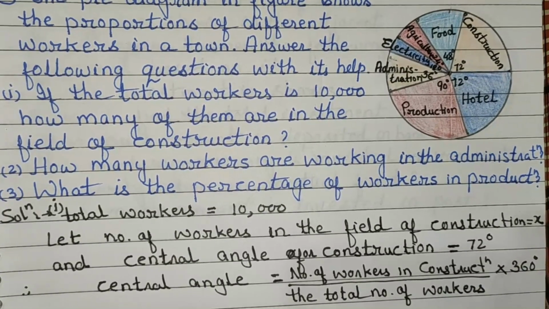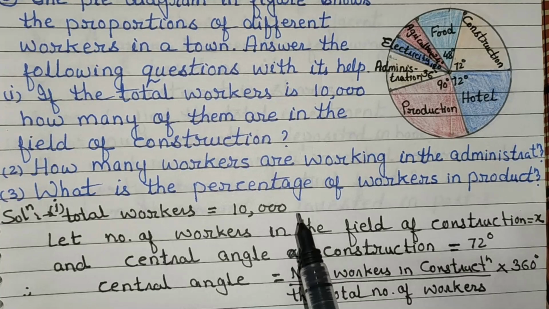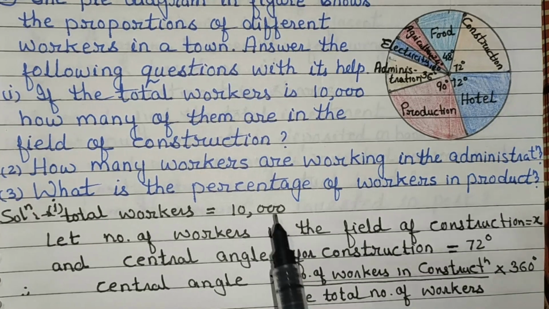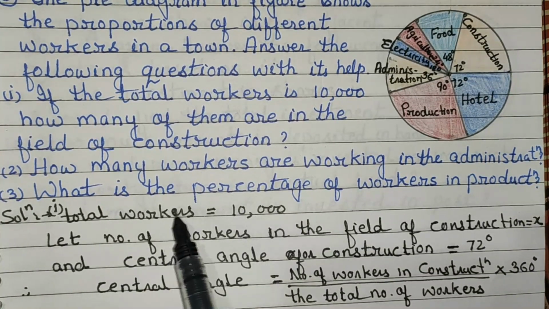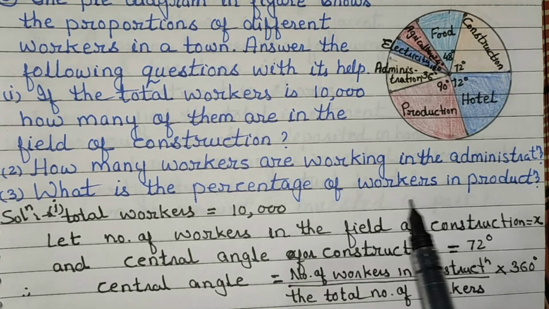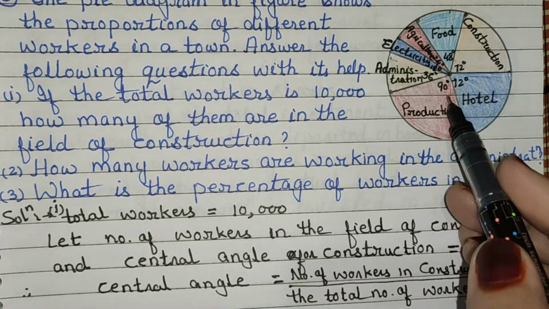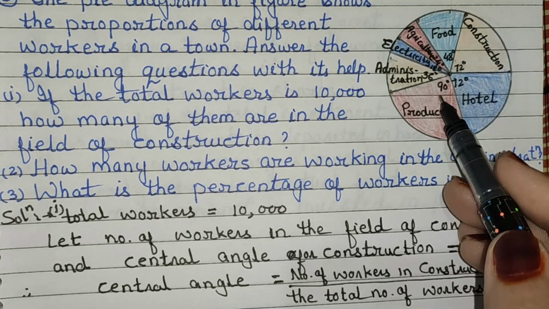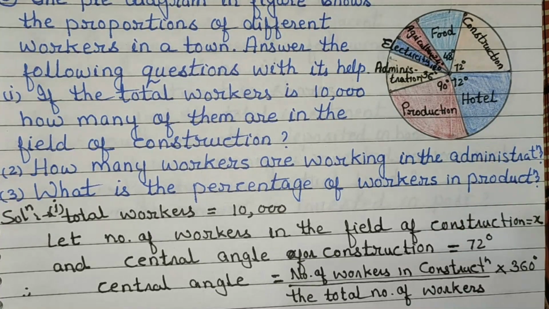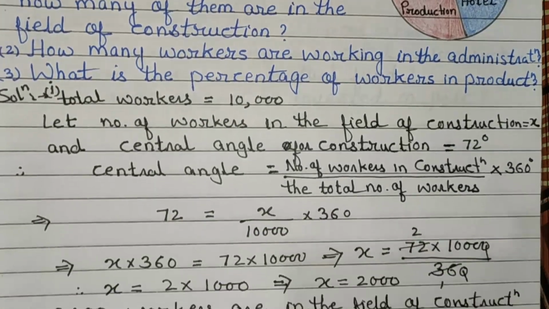Now, next question is, what is the percentage of workers in production? Now look at the diagram. In production, the central angle is 90 degree.